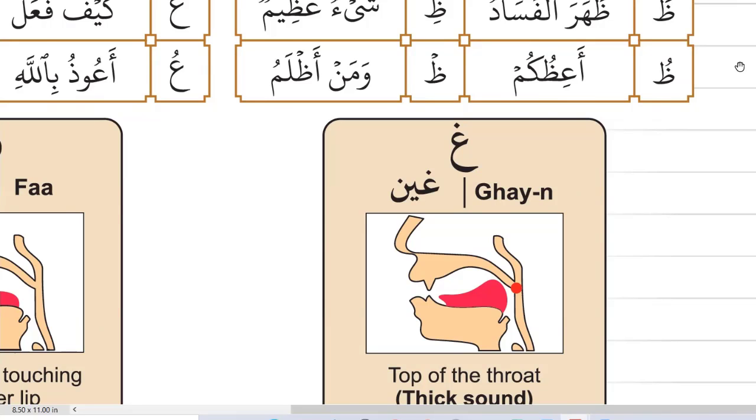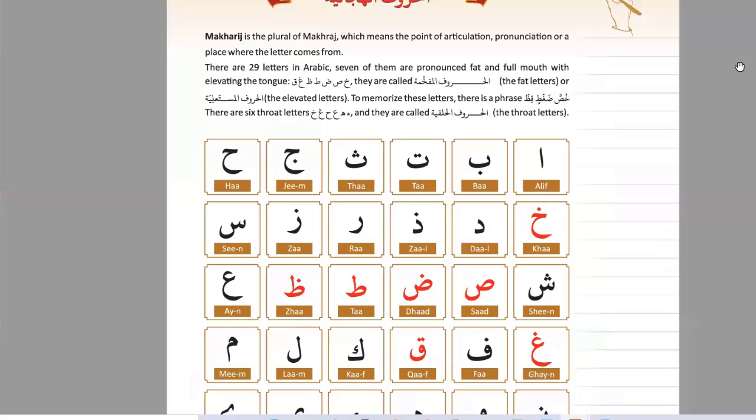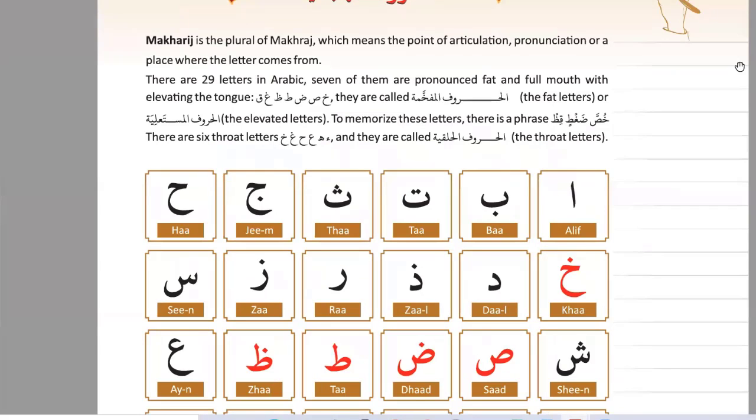So we will go to the first page again, where we can see all the letters together. Here it would be easy to practice. Again, the first letter is Alif. Next one is Ba.